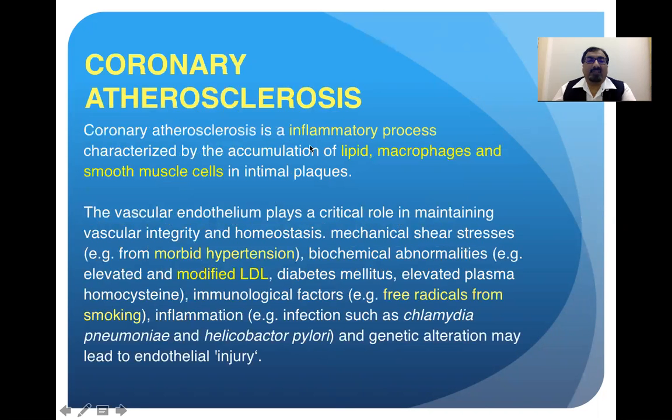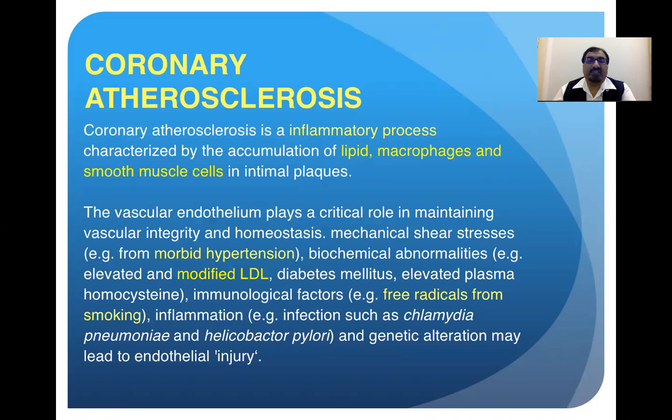Looking at the atherosclerotic process, as I said, this is an inflammatory process that starts very early. There is an accumulation of lipid, macrophages, and smooth muscle cells in the intima. The vascular endothelium plays a critical role in maintaining vascular integrity.